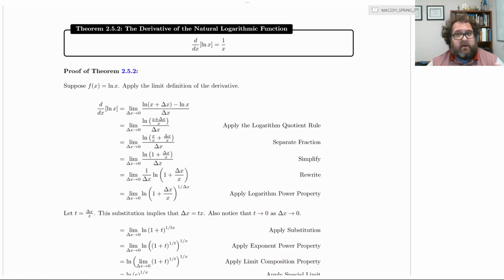By the way, fair warning: if you need to refresh your knowledge of logarithms, of exponentials, of properties of logarithms, properties of exponents, how those are all related, do so, because we're going to need a few of those properties in a few minutes.